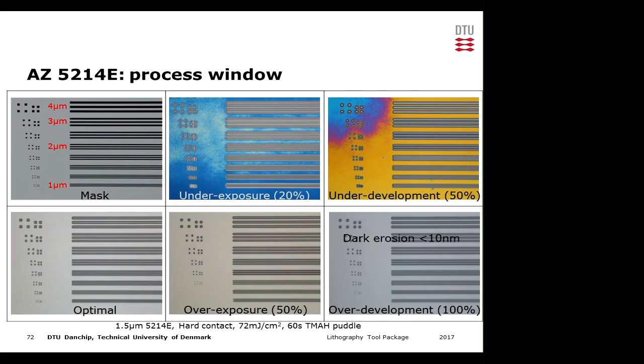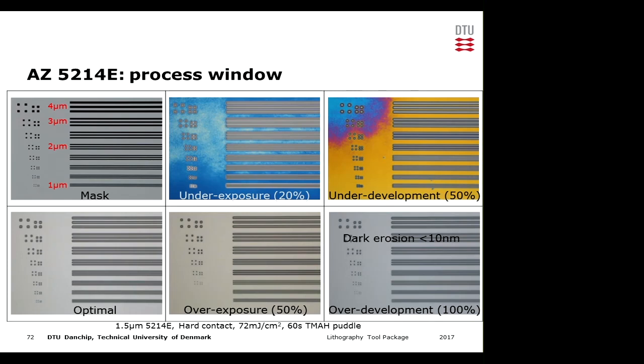Another thing that I tried to use these to measure was the dark erosion. I tried to see what is the difference in the height of the structure when I compare the optimal case to the one that has been developed for twice as long, because that would be what I would think was one of the problems, that the film was actually eaten away.